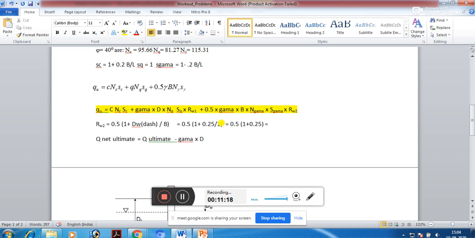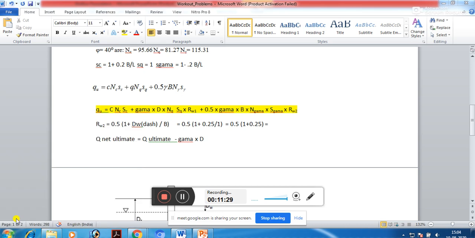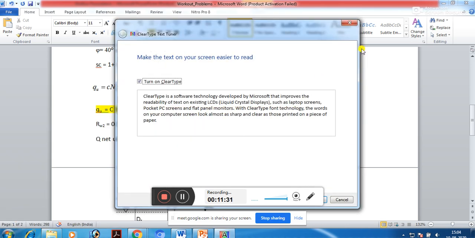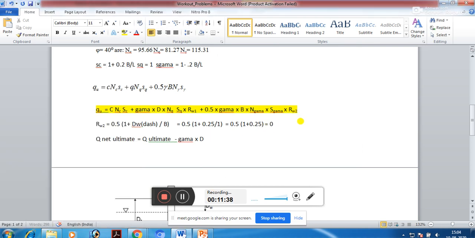So 1.25 multiplied by 0.5, how much will it come? 0.625. So you got it. Your RW2 value will become 0.625.